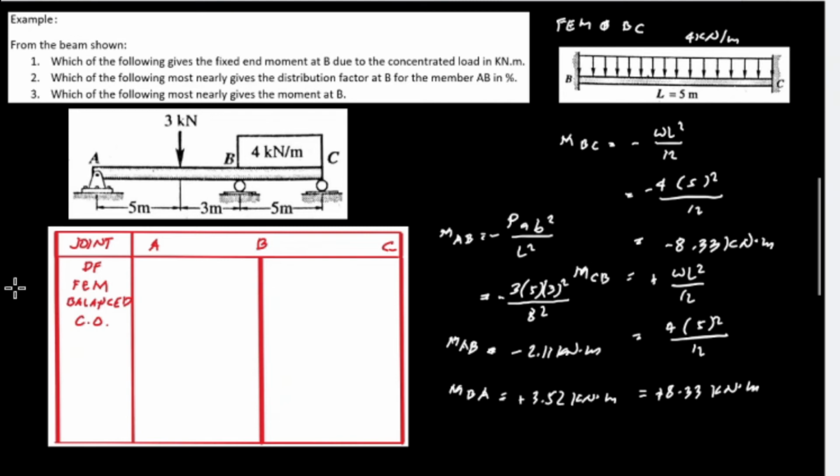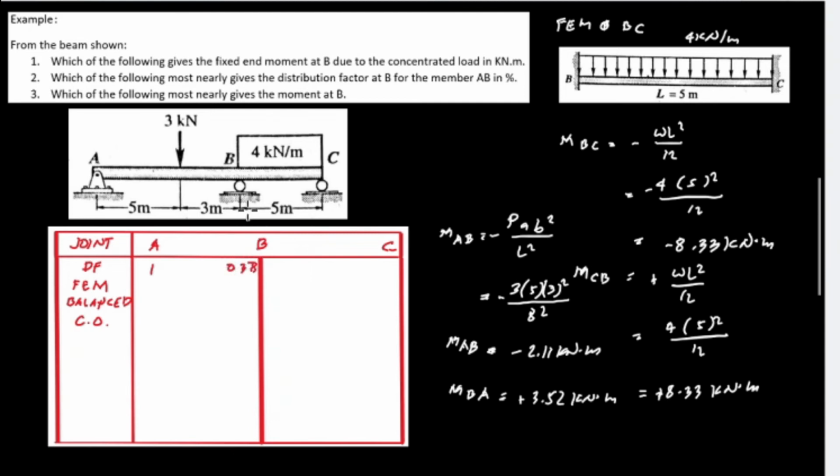We will now apply the distribution factor. At joint A, a hinge, therefore DF is equal to 1. Next, at BA, the distribution factor at B for the member AB, previously at number 2, is 0.38 or 38%.